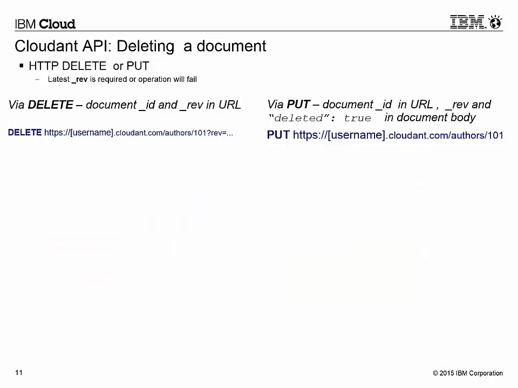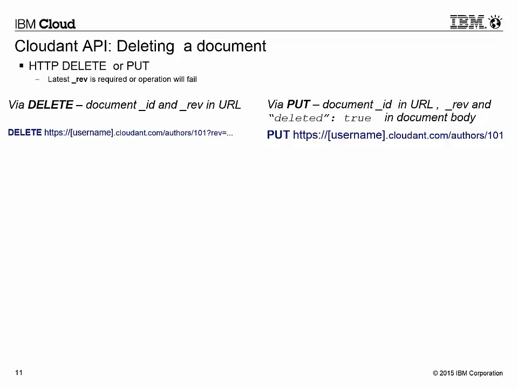Now let's look at deleting a document. This also can be done with 2 different verbs, via HTTP delete or a put. And like an update, the latest revision is required or the operation will fail. So let's look at doing a delete via the delete HTTP operation.